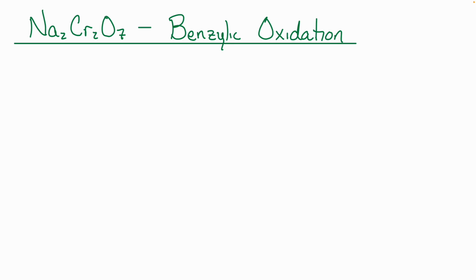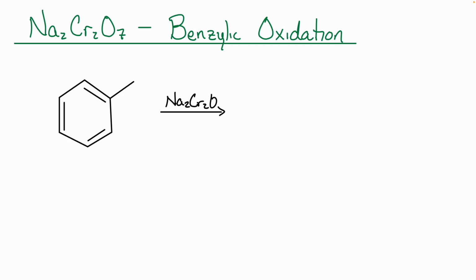So if we take our toluene again, we're going to put in our sodium dichromate. We also have some other things in our reaction mixture here, specifically dilute sulfuric acid, H2SO4, and water.